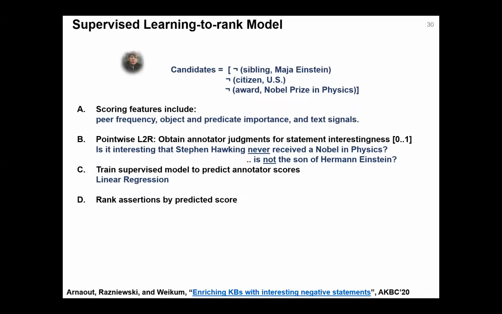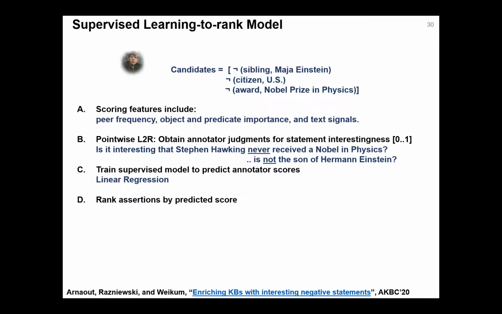And for this, we need labels for statements. Are they interesting or not? And for this case, you need annotators. So here, annotators were asked for each of these statements: Do you think it's interesting that Stephen Hawking never received the Nobel Prize? Do you think it's interesting that he's not the son of Hermann Einstein? And the annotator can say, this is interesting to me or not interesting.